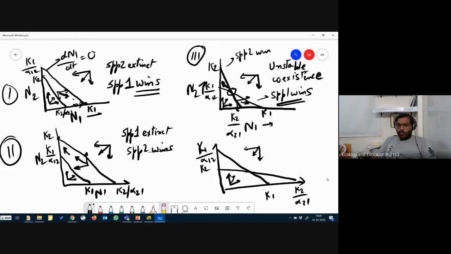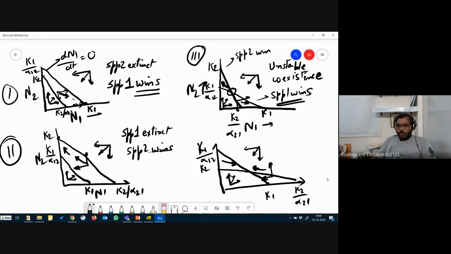Here we are above the isocline of species 1, so species 1 is going to decrease, whereas we are below the isocline of species 2, so that is going to increase. So our net movement is going to be in this direction, whereas in this zone our net movement is going to be in this direction.